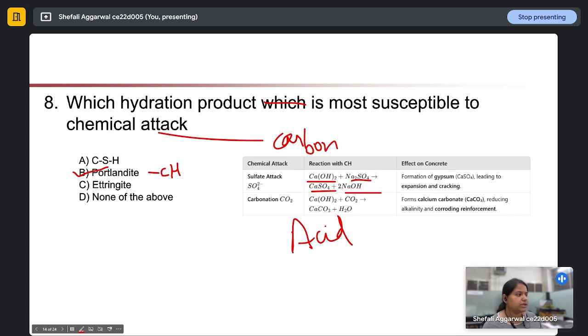The second thing is that whenever there is carbonation, calcium hydroxide will react with CO2 and form calcium carbonate. From the concrete point of view, calcium carbonate is a good thing because it reduces the pore size. However, from the durability point of view, because of the calcium carbonate, the alkalinity of our concrete will reduce and there is a chance of corrosion of our reinforcement. So the answer is B, Portlandite.